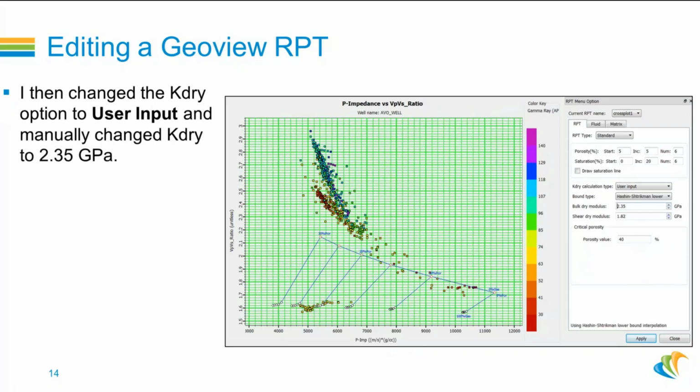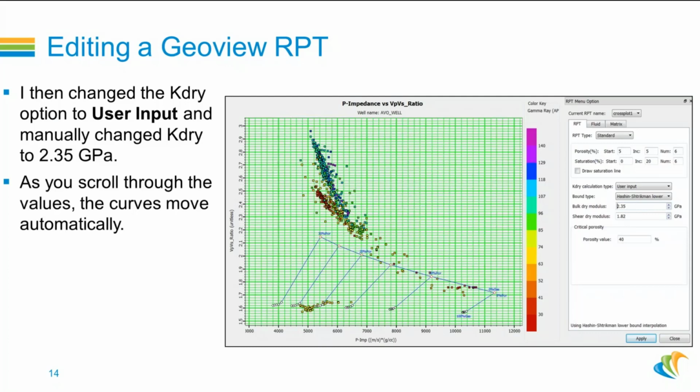So what I did then is change the K-dry option to user input, and I manually changed K-dry up to 2.35. As you scroll through those values, the curves move automatically, which is kind of a neat feature. And note, I've now got a very good fit for the gas sand and the cemented sands.